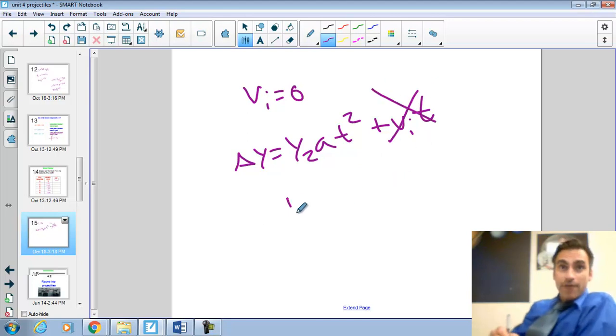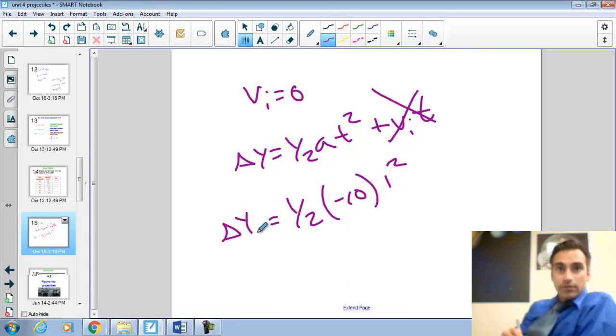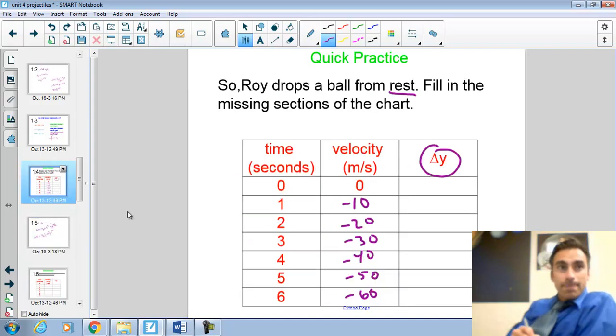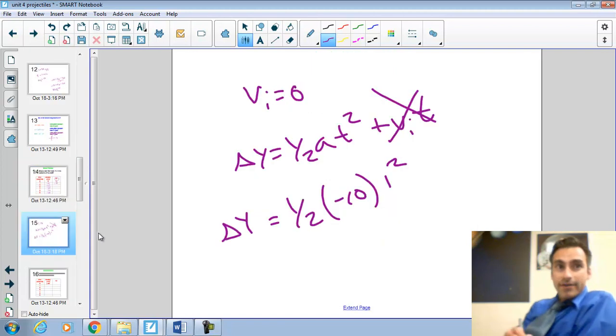So 1/2 times negative 10 times 1 squared equals delta y. So it should have fallen down 5 meters. Yay, 5 meters.